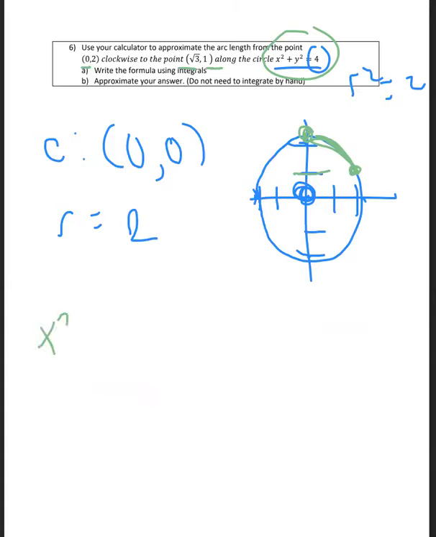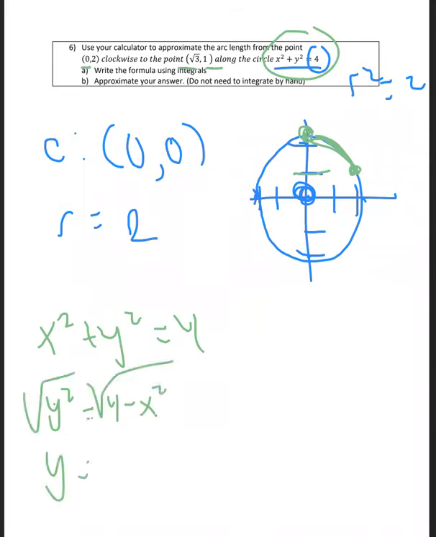So the best thing you can do in this scenario is make things in terms of y. You make y squared equal to 4 minus x squared. Then you take the square root. Remember that this is really plus or minus the square root of 4 minus x squared. This could be split up into 2 equations.